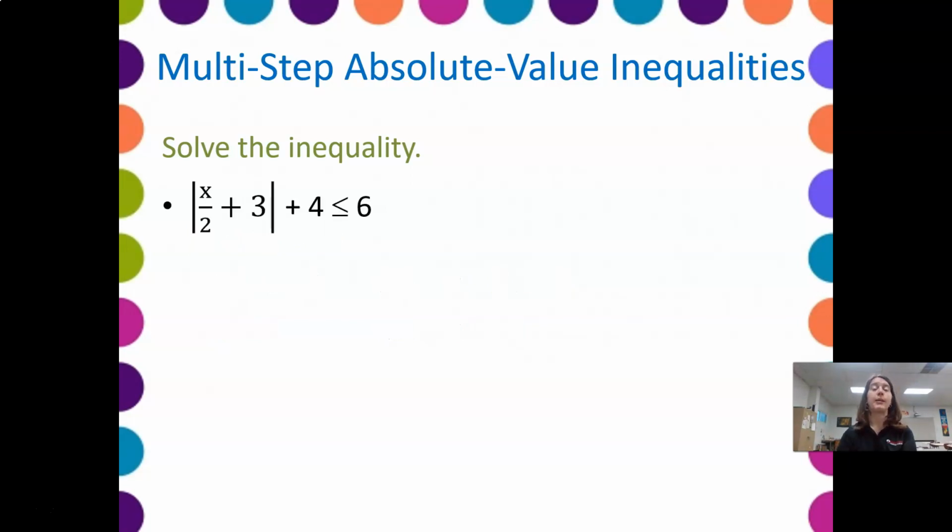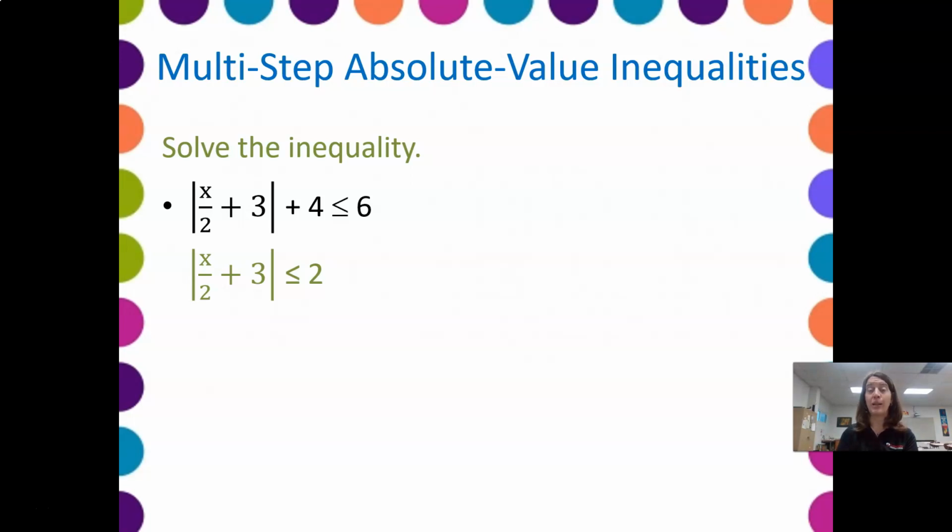Two last examples here. We have the absolute value of x over 2 plus 3, and then plus 4 is less than or equal to 6. So we know by now, step number 1 is to isolate the absolute value sign. To do that on this question, I would subtract 4. So I have the absolute value of x over 2 plus 3 is less than or equal to, and I did 6 minus 4, which gave me 2.